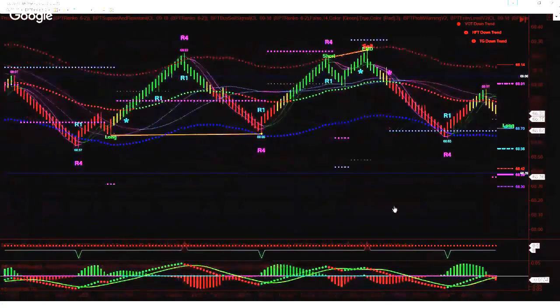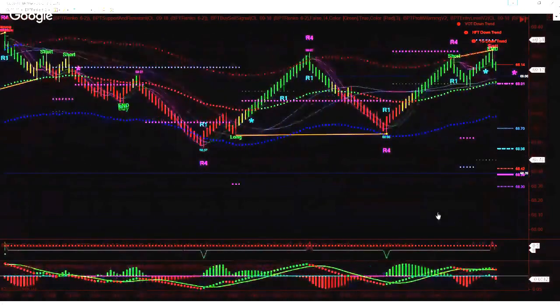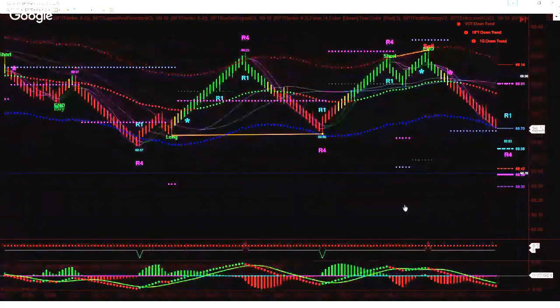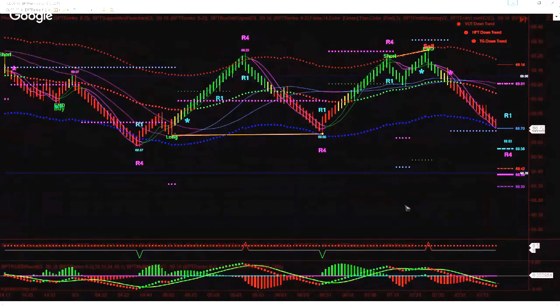Now, if we're looking at that picture here on the CL, when you are trading with the trend, it's a different ballgame. But when we had a room, we let anyone come in until everybody ruined it.